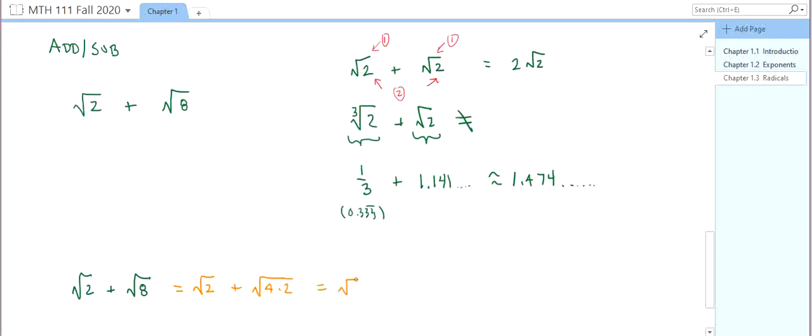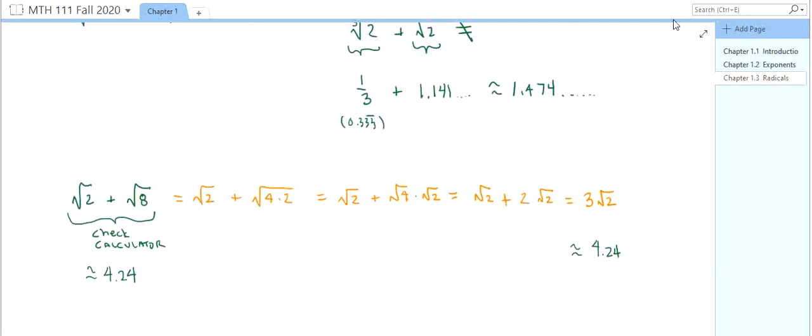So this is the square root of 2 plus the square root of 4 times the square root of 2, which equals the square root of 2 plus, well, the square root of 4, the principal root, let's just say, is 2, times the square root of 2. So up here, this is the square root of 2 plus essentially 1 times the square root of 2. Now down here we've got the square root of 2 plus 2 times the square root of 2. So this is actually going to be 3 square root of 2.